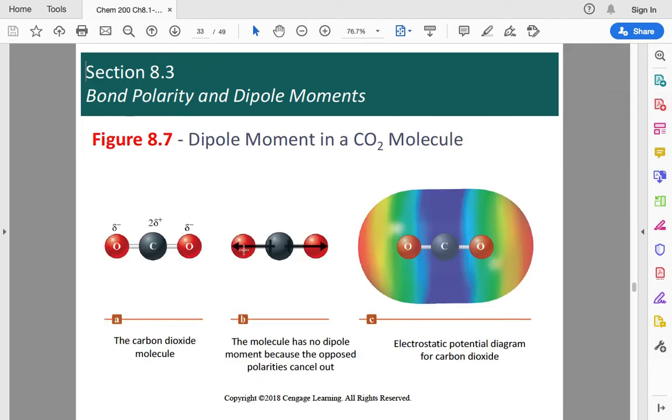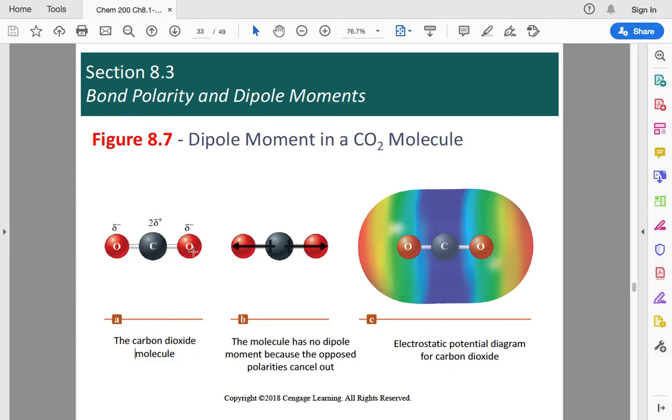So CO2. This is the Lewis structure of CO2. Now, CO2 has a double bond between the carbon and oxygen here, and a double bond between the carbon and oxygen here. And that's fine. Let's look at just this C-O bond for a second. We know that oxygen is more electronegative than carbon, which means the electrons are hanging out on this side of this bond, which means this oxygen would be slightly negative and this carbon would be slightly positive.